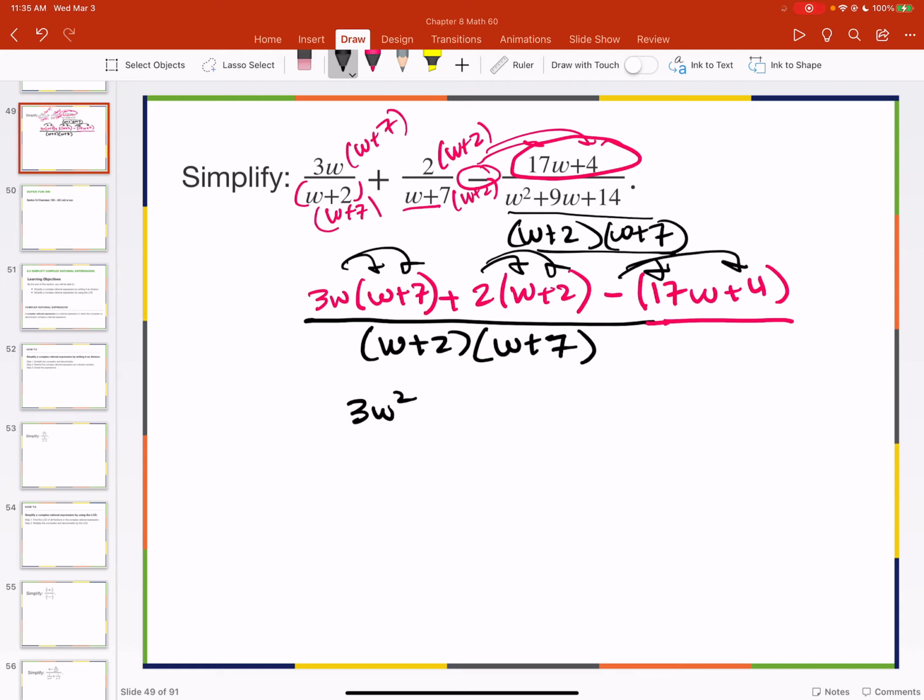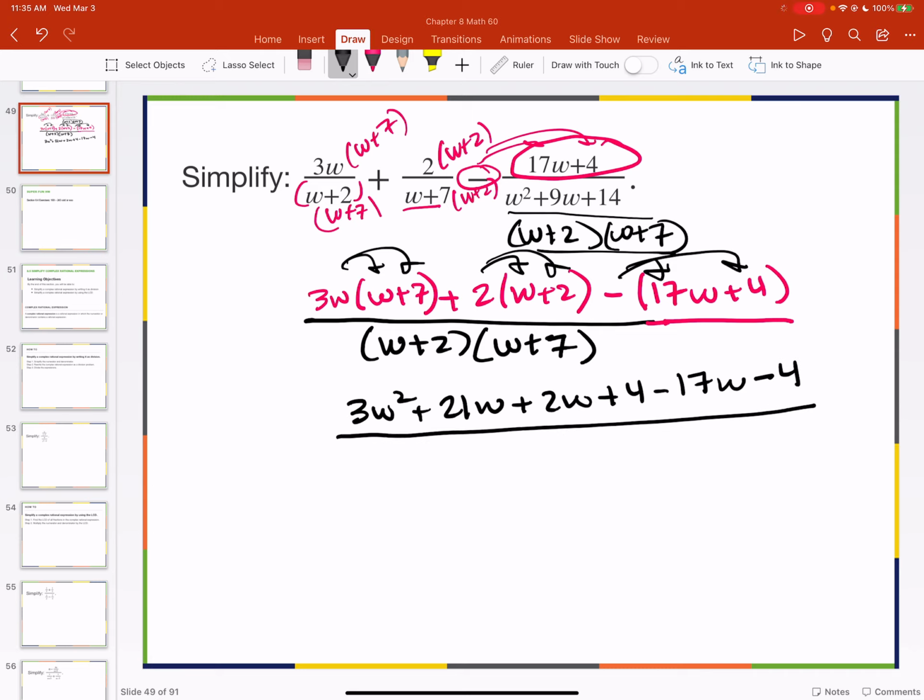So 3W squared plus 21W plus 2W plus 4 minus 17W minus 4 all over W plus 2, W plus 7. On the top, you have 3W squared, 21 plus 2W, that's 23, minus 17W. So what is that? 6W. So this is plus 6W.